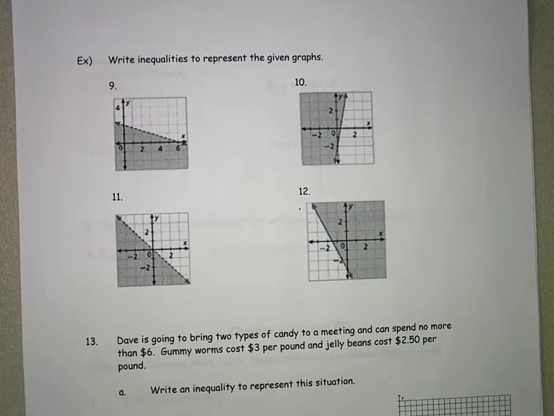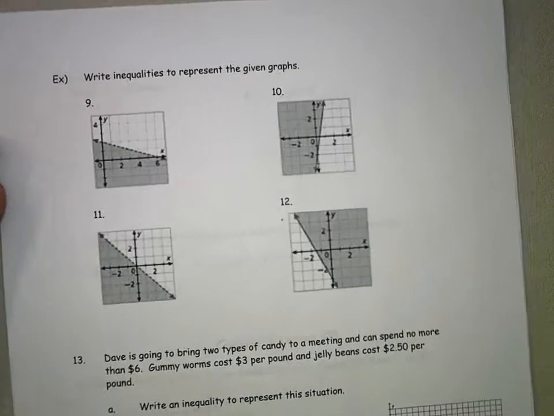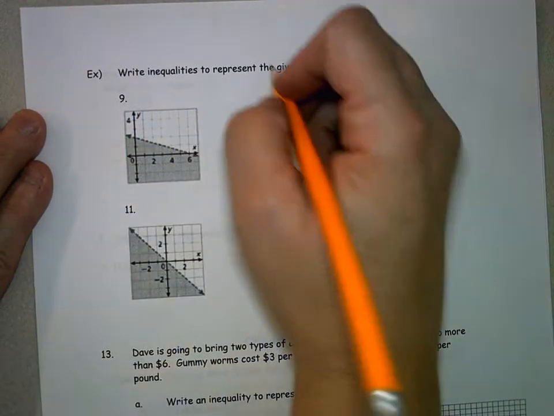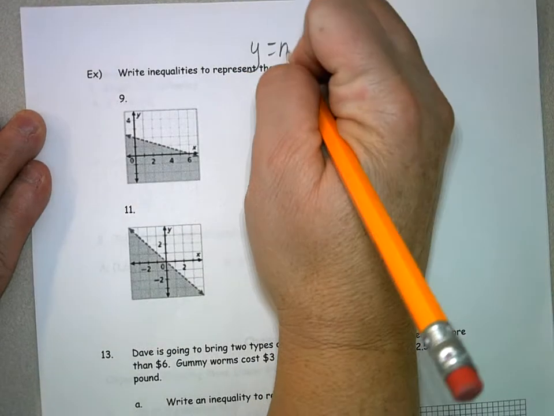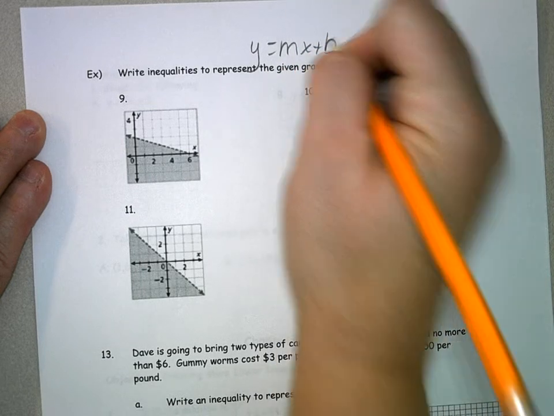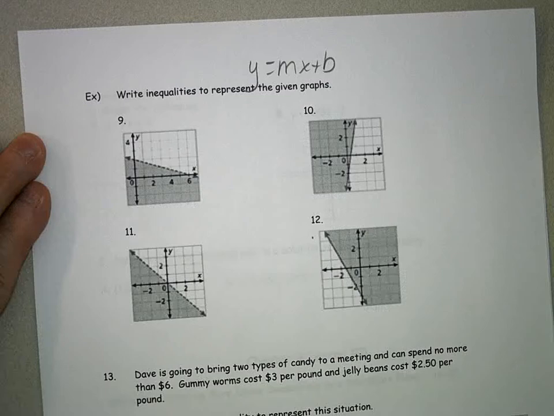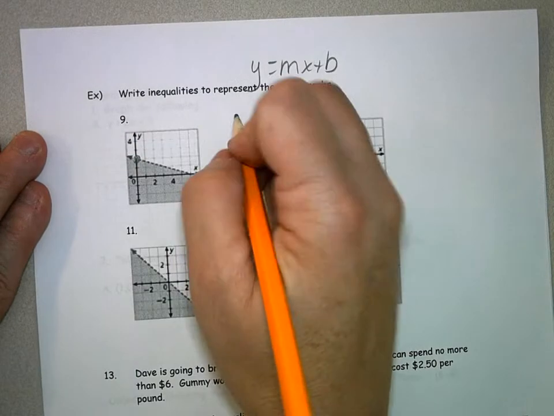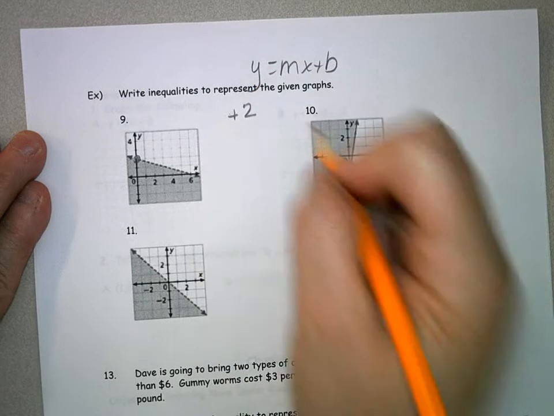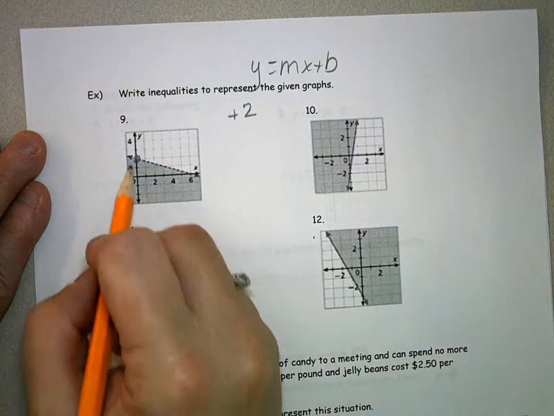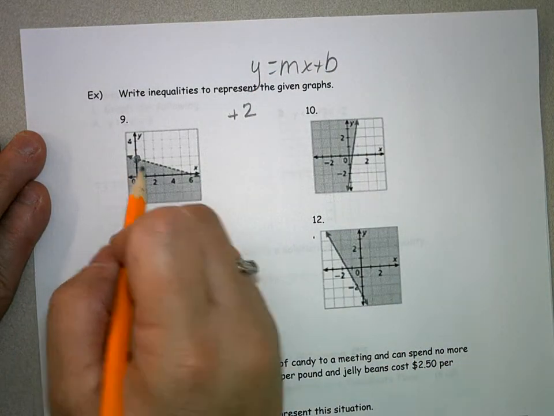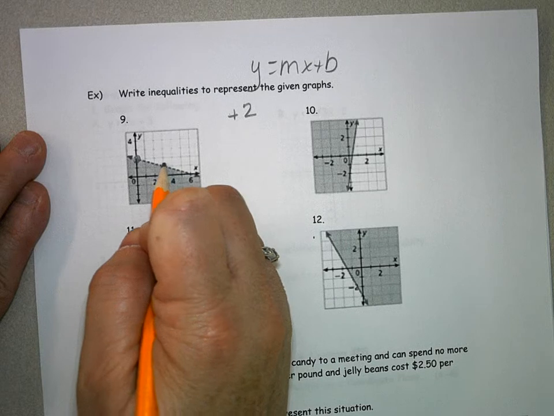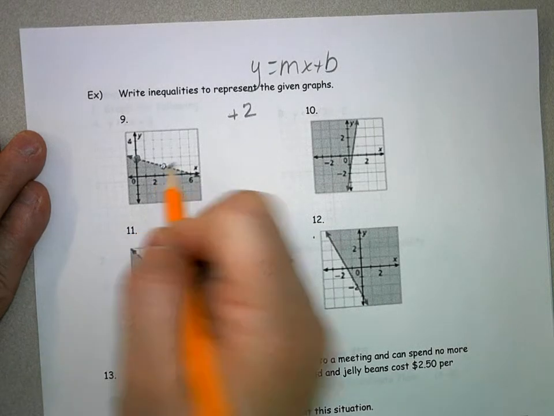The top of the next page, we need to write inequalities to match these. And I like to write y equals mx plus b at the top of my paper, just to remind myself. B is your y-intercept, so that's going to be a plus 2. And what we need to do is we need to find a point C, right here at the ordered pair (3, 1).